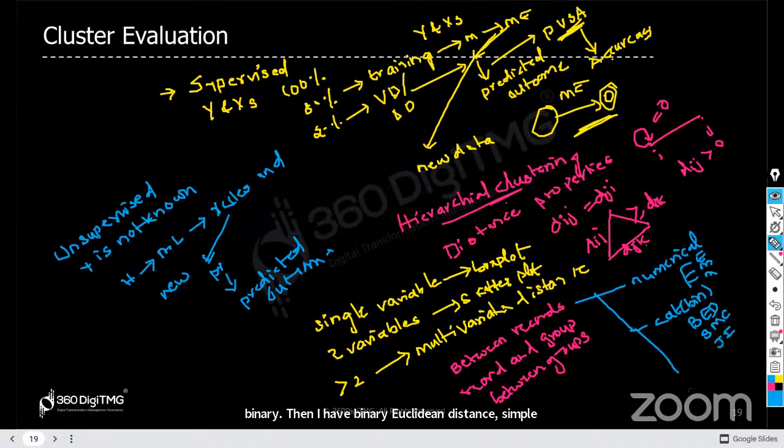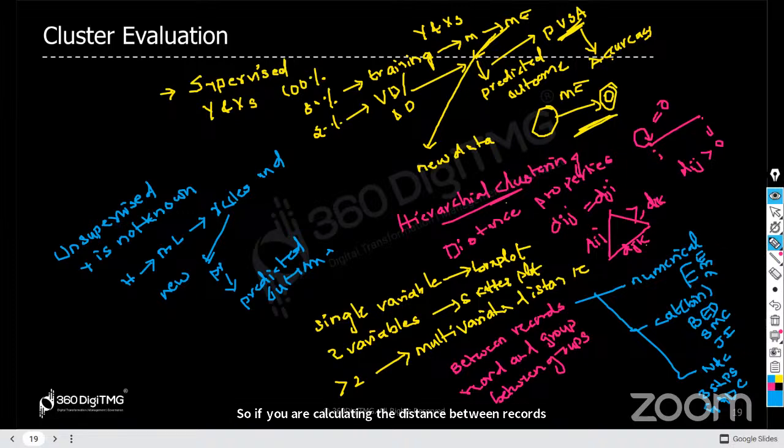If you have mixed data, numerical and categorical, you can go for 3 steps: first normalize, then perform one-hot encoding on the categorical columns, and third, compute the Euclidean distance. Apart from these, you have Gower's general dissimilarity coefficient. So based on the column type, you will perform any of these.